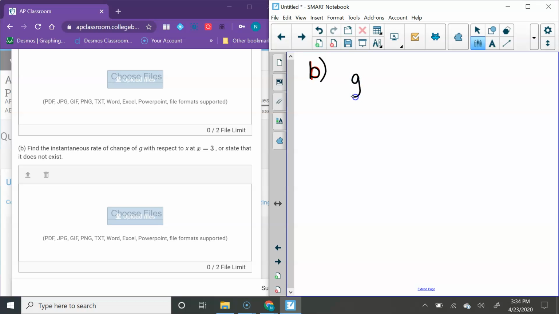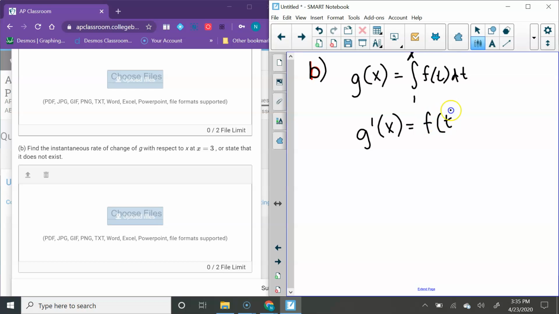So g of x, it has already told us, is the integral from 1 to x of f of t dt. So if we're taking the derivative of this, g prime of x is going to equal, the derivative undoes the integral here, and we're just going to get f of t here.